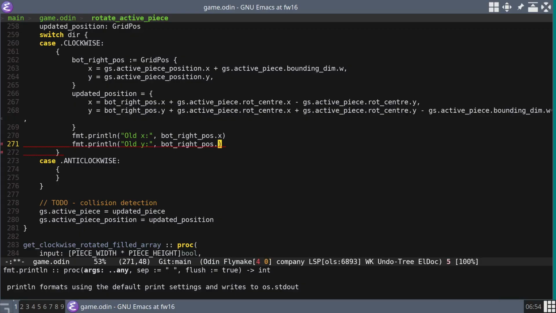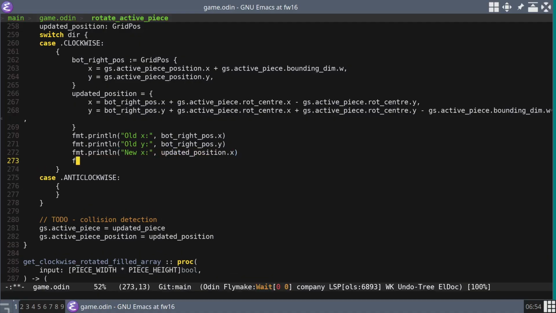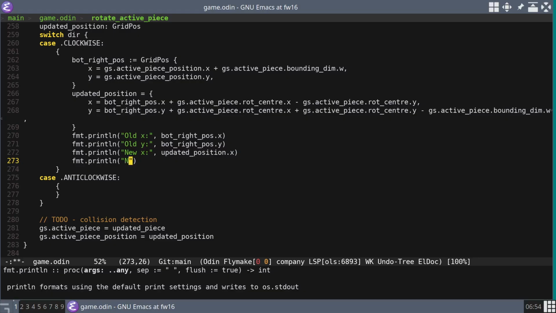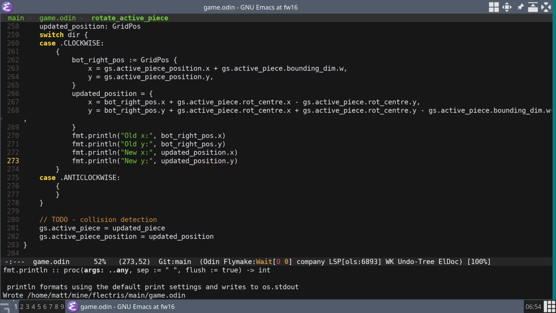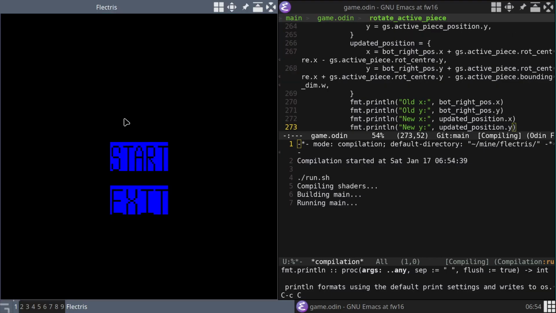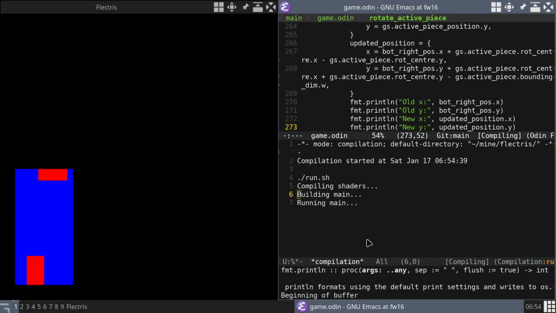Bot right pos Y. New X is updated position X, and new Y is updated position dot Y. Alright, let's run that again and see what numbers are coming out, where it thinks we're ending up.